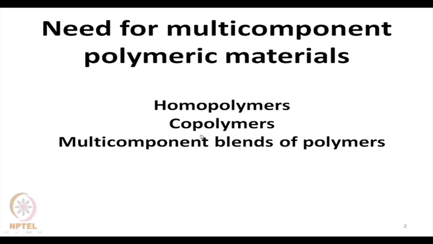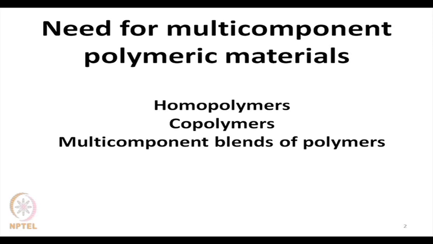So, this way these copolymers were developed, and as expected, such copolymers provide better or improved or broad spectrum properties, which are not present in one homopolymer. That was successful.